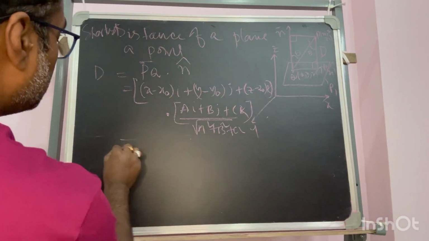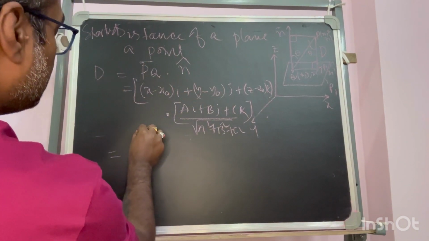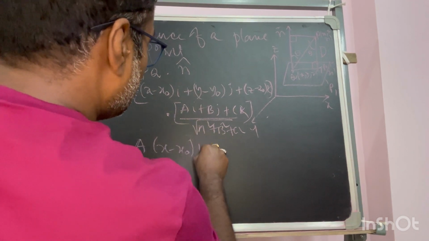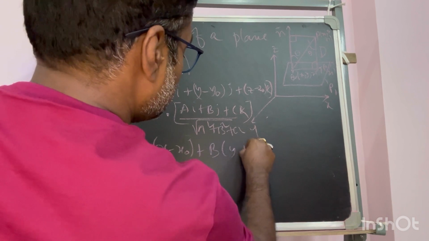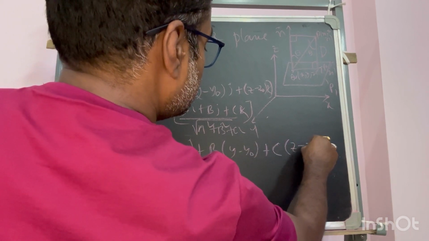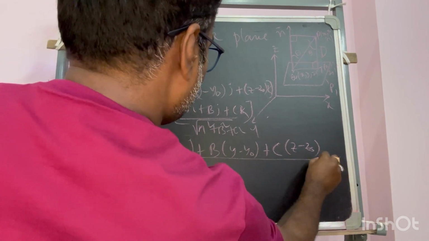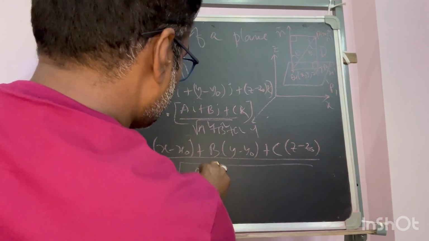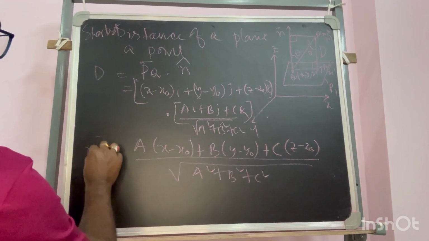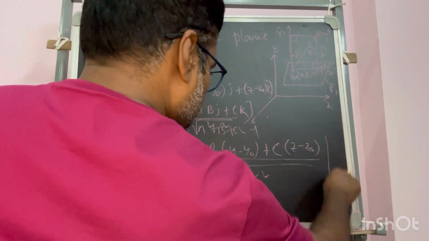Now if I do the dot product, this will remain as a(x minus x0) plus b(y minus y0) plus c(z minus z0) upon root of a square plus b square plus c square. Now we understand D is a magnitude only, so we can put it into mod.